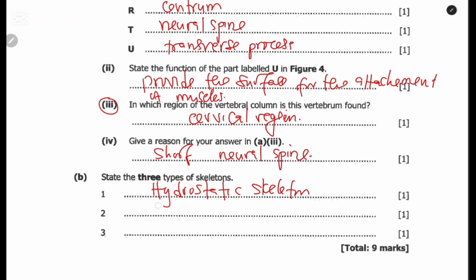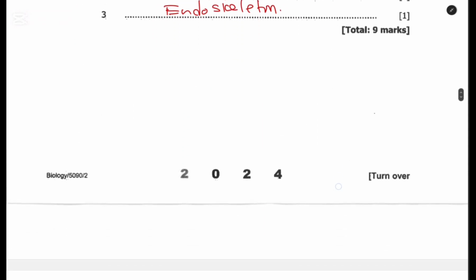Then we have exoskeleton. One of the questions we expect in essay questions is to describe the types of skeleton. So exoskeleton and also endoskeleton, of course with examples. So these are the skeletons that we have.